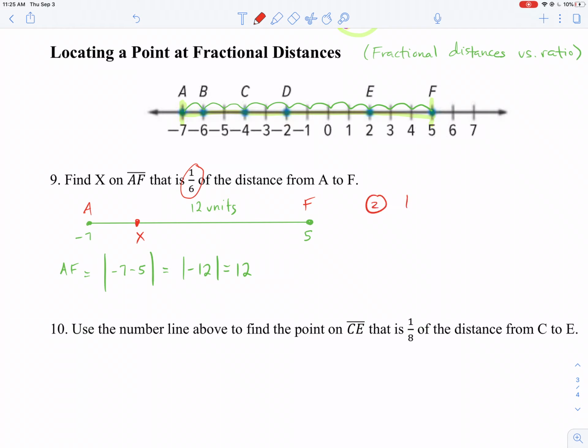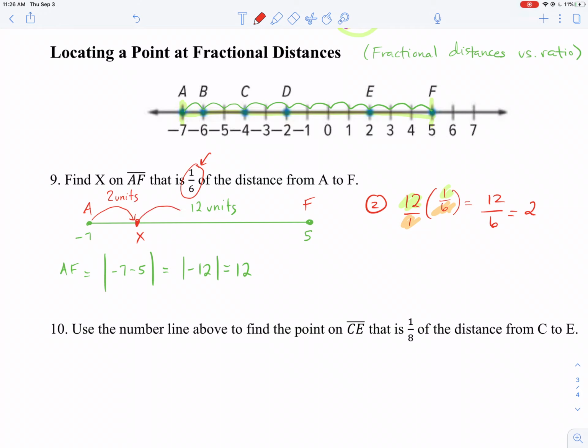I'm going to take my distance of 12, and multiply it by my fraction, 1/6. If that helps you, you can do 12 over 1, and then multiply straight across the top. Remember when we're multiplying fractions? And then straight across the bottom. I end up with 12 over 6, which is going to give us 2. That tells me every jump for this space of a 1/6 is going to be 2 units.